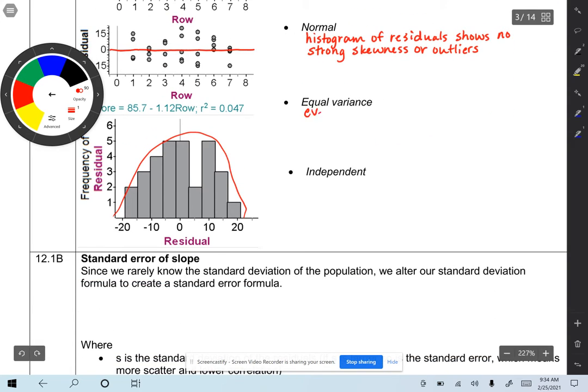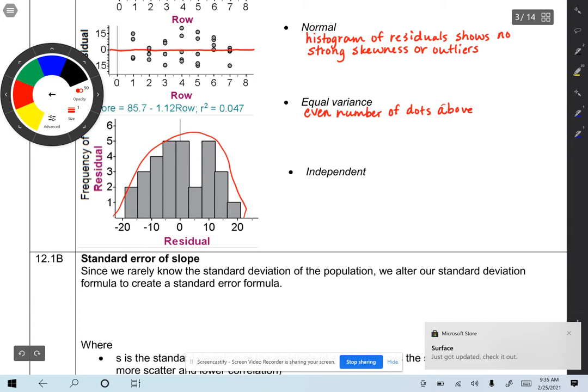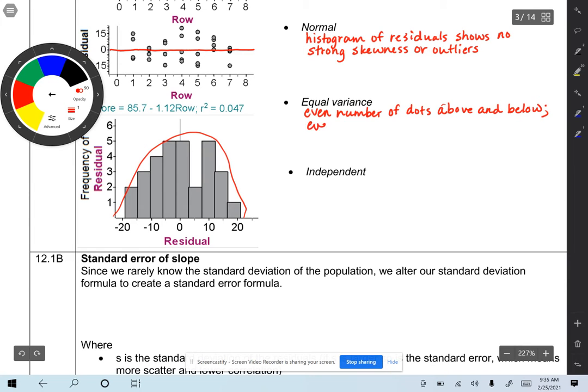So even number of dots, you can say roughly even, above and below, and even scatter on right and left.